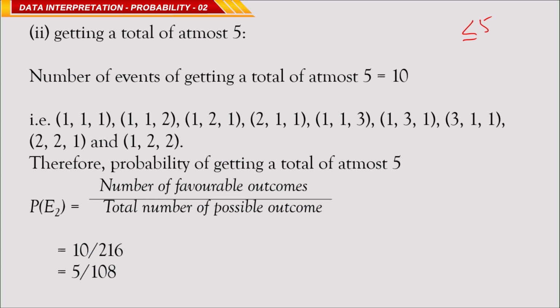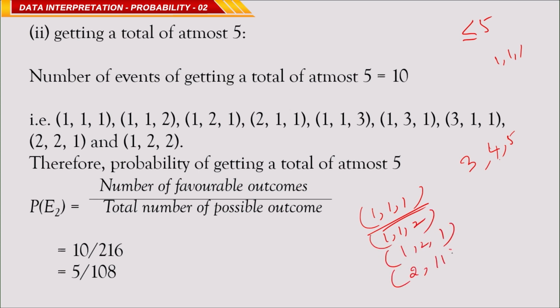For getting a total of at most 5, the minimum number is 3, next 4 and the next is 5. So 3, 4, 5. The possibility for 3 is 1 1 1. For 4 we have 1 1 2, 1 2 1, 2 1 1.